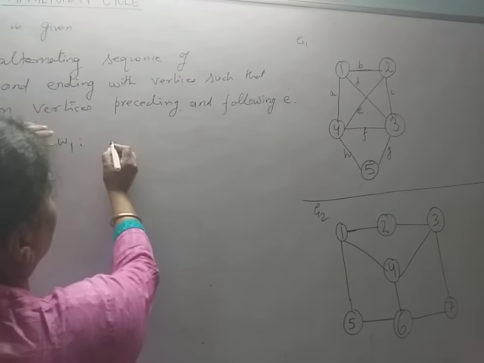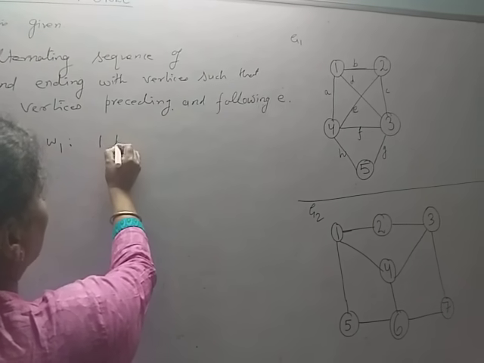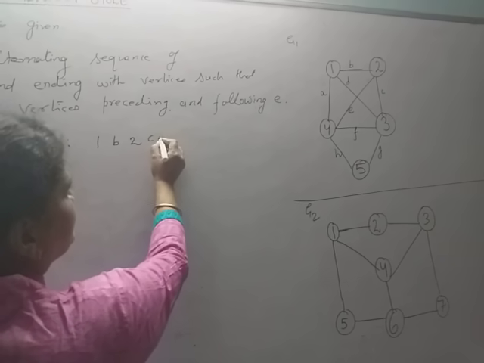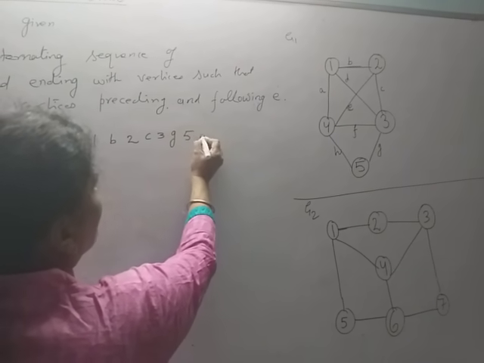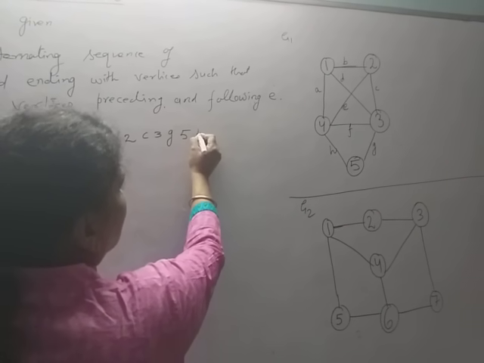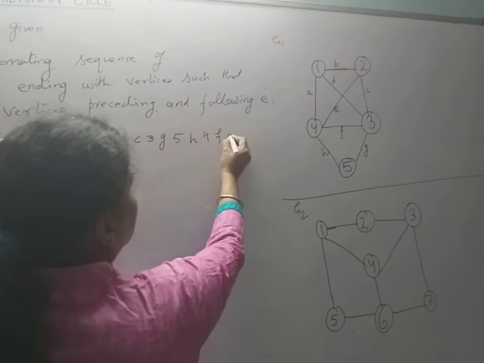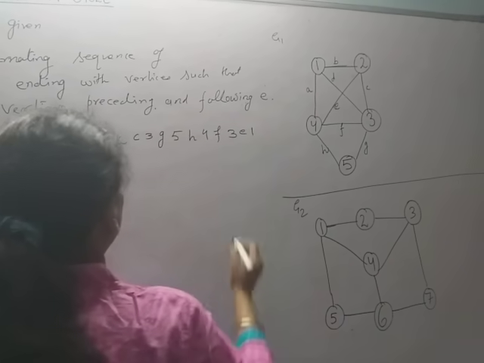If I start from 1, then follow edge B to 2, then C to 3, G to 5, H to 4, F to 3, E to 1.